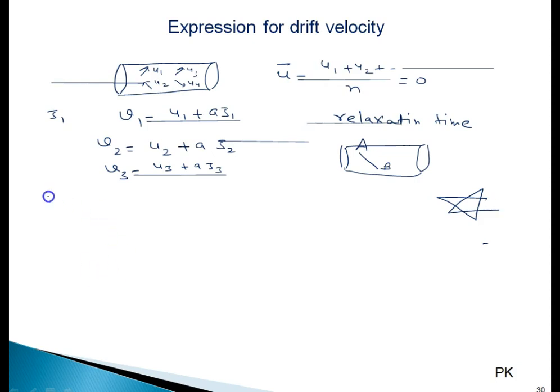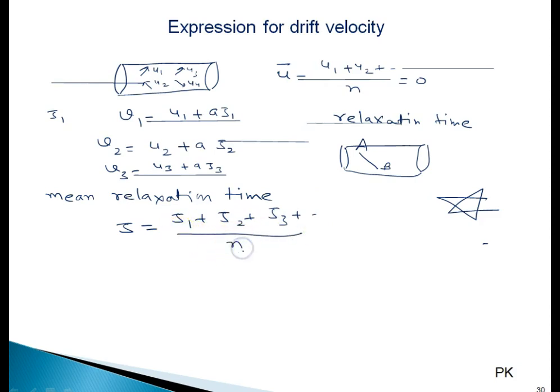For the mean relaxation time, you take the average of these individual relaxation times, like this. What is n? n is the number of collisions, or the number of electrons, you can say.